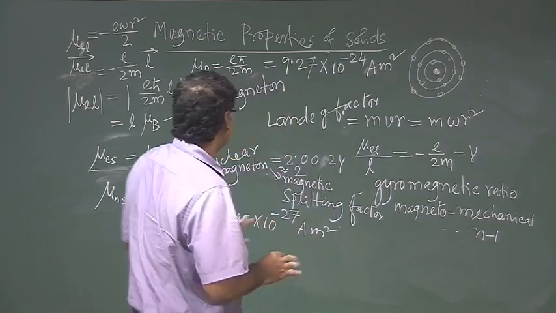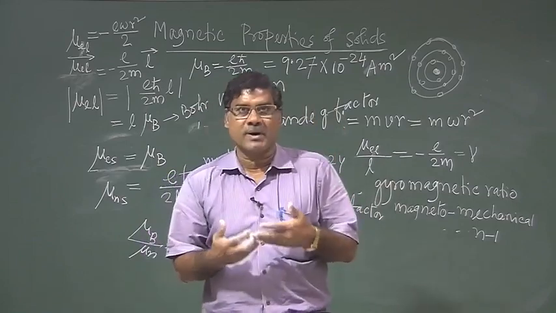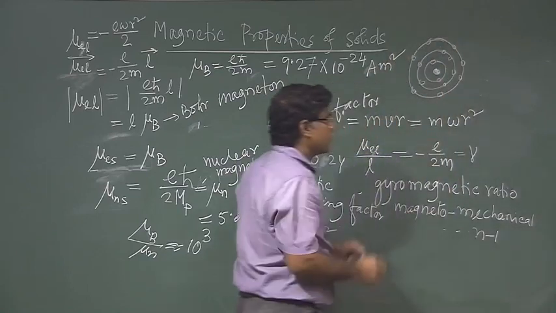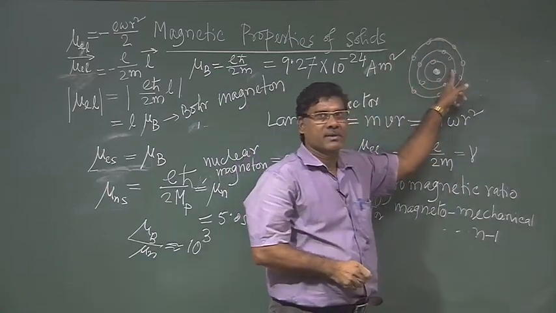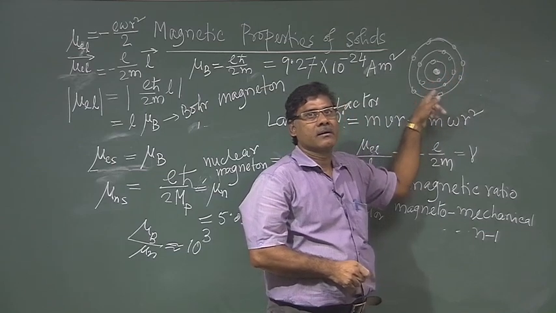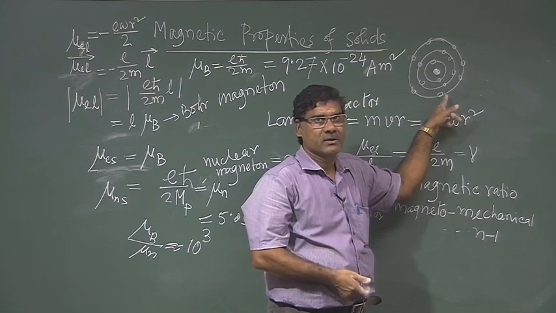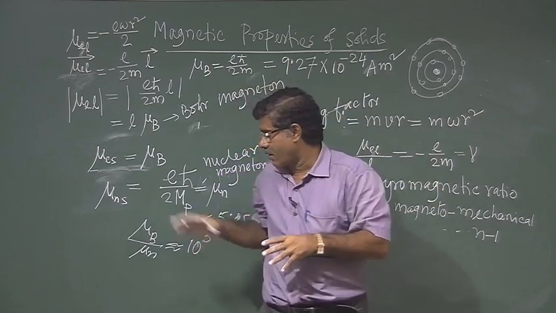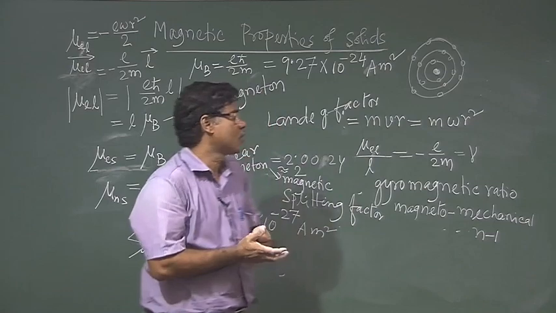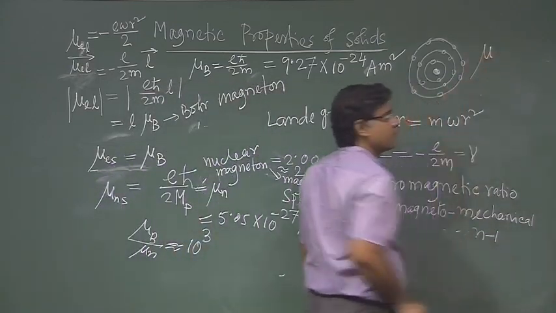So that is why generally we neglect the nuclear contribution. Overall, what we saw is that the contribution to the magnetic moment of an atom comes from the orbital motion of the electron, the spinning motion of the electron, and the spinning motion of the nucleus. As a whole, all these three together give the moment of the atom, that is mu.